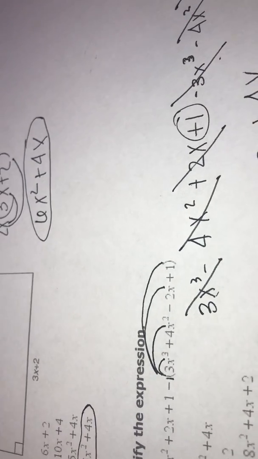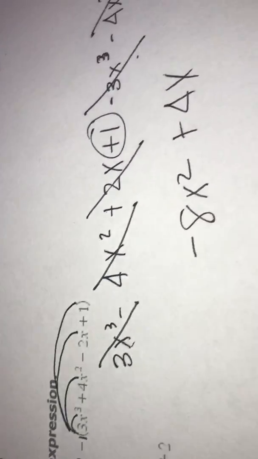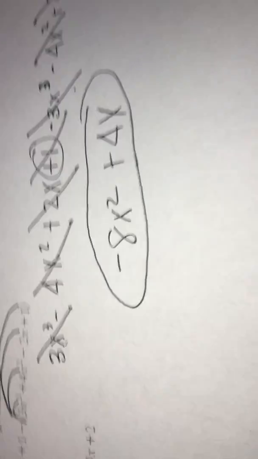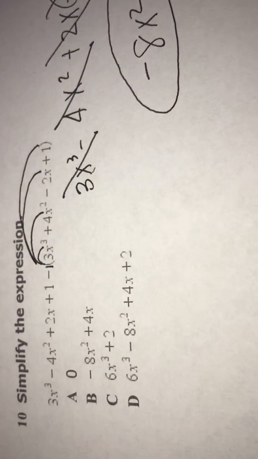And the last one we have negative 1 plus 1, which means 1 minus 1, and 1 minus 1 equals 0, so those both cancel out. And our final answer is negative 8x squared plus 4x. And that is answer B. And that's it.